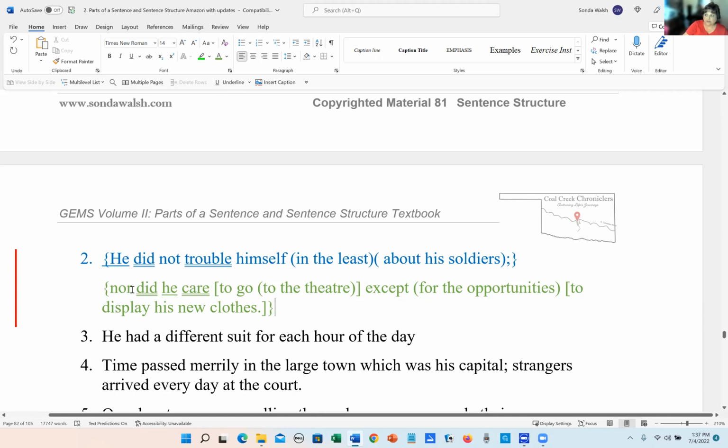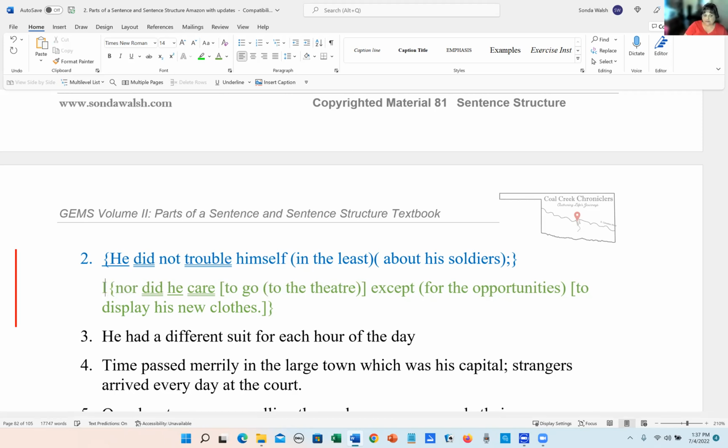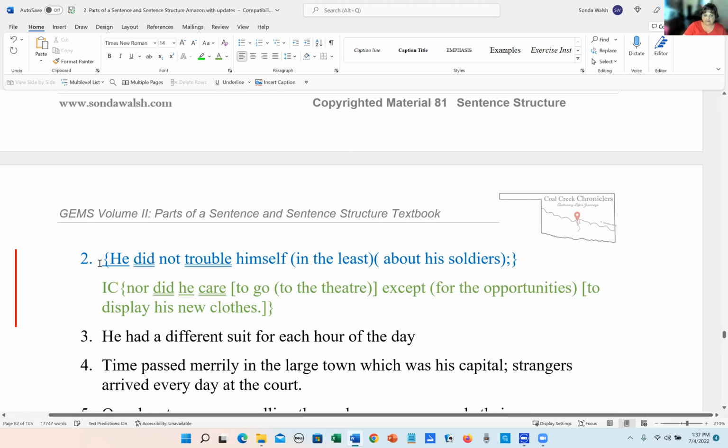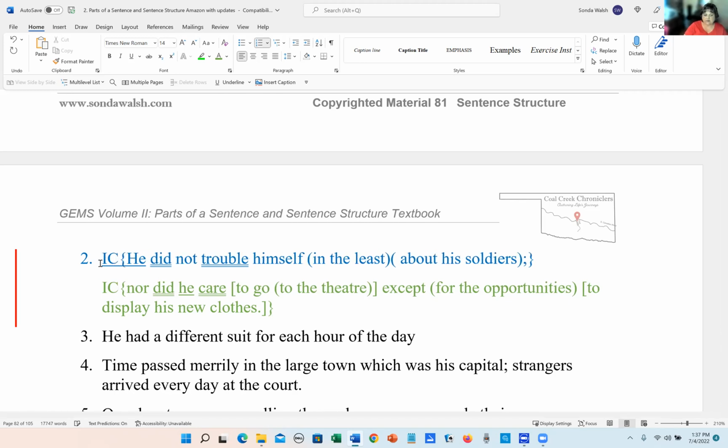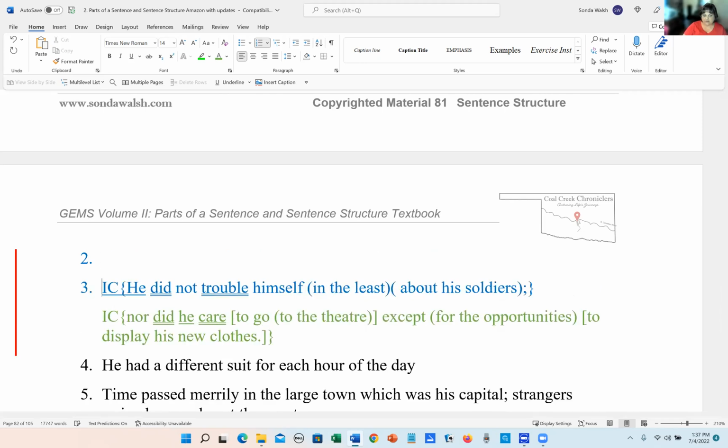So nor is a key word right here. We have to determine if that's a subordinating conjunction or what. Well, I know that is a coordinating conjunction. So this is an independent clause. So this sentence, we have two independent clauses. When we have two independent clauses, that means we have a compound sentence.